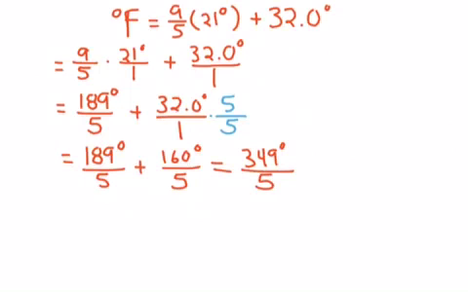Okay, so you could leave your answer in this form if you wanted to, equal to 349 divided by 5 degrees Fahrenheit, or you can put it in decimal form by just doing 349 divided by 5 to get the same answer that we had on the previous page.